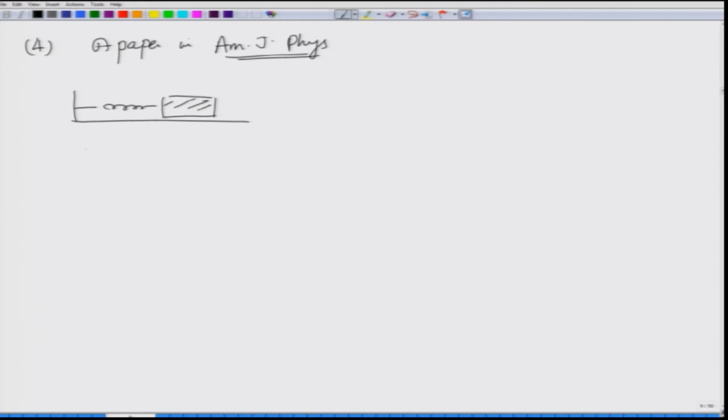However, this block now is going to be an empty box in which we put sand, and as this performs simple harmonic motion, the sand starts leaking. What happens when the sand starts leaking? As the sand starts leaking, the energy is going to dissipate with the sand, and therefore, the amplitude should go down, and that is a problem.